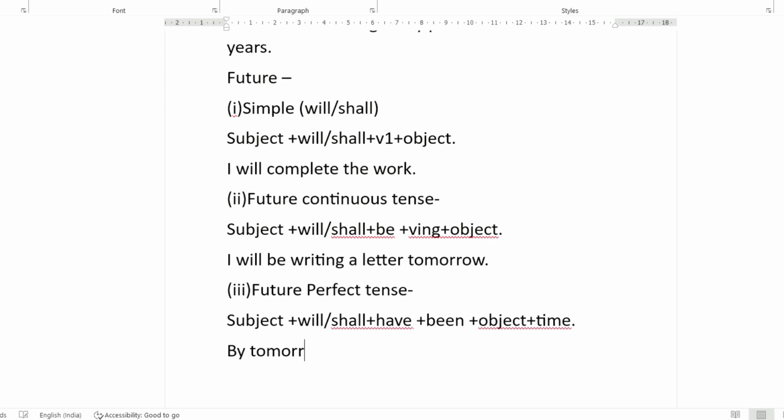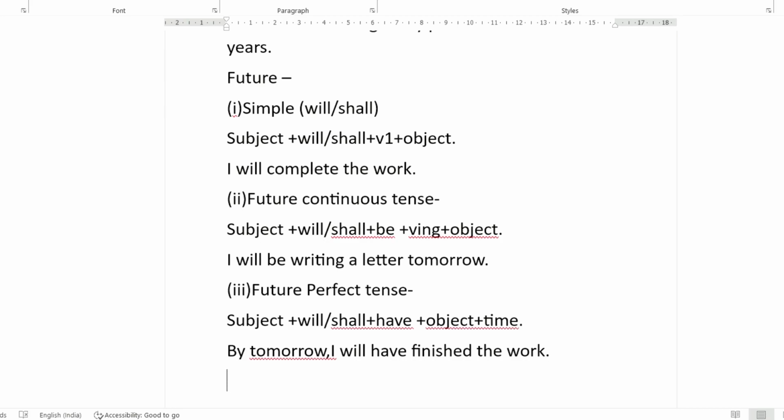By tomorrow I will have, sorry, been will come in passive. Okay, by tomorrow I will have finished the work. Okay, so it's subject will, shall, have, object and time. So by tomorrow I will have finished the work.